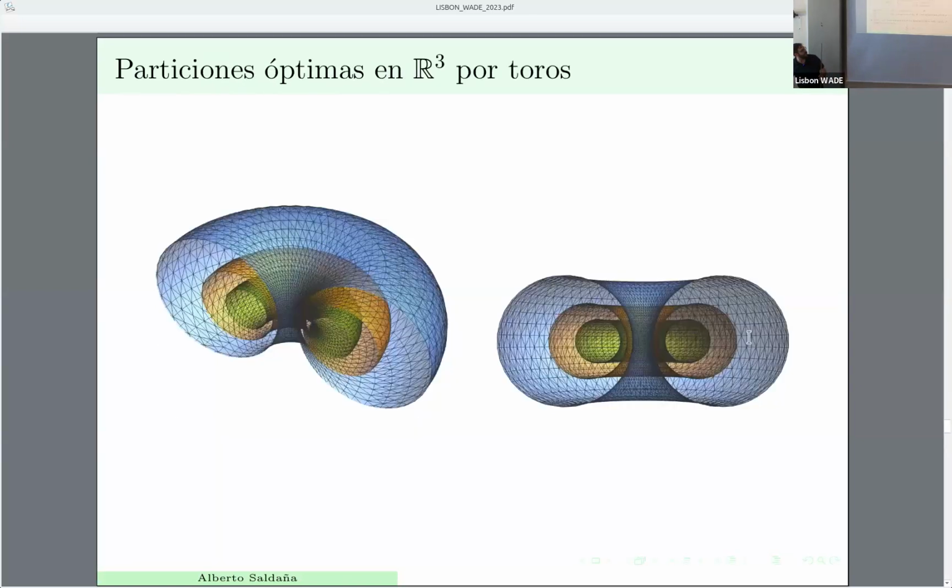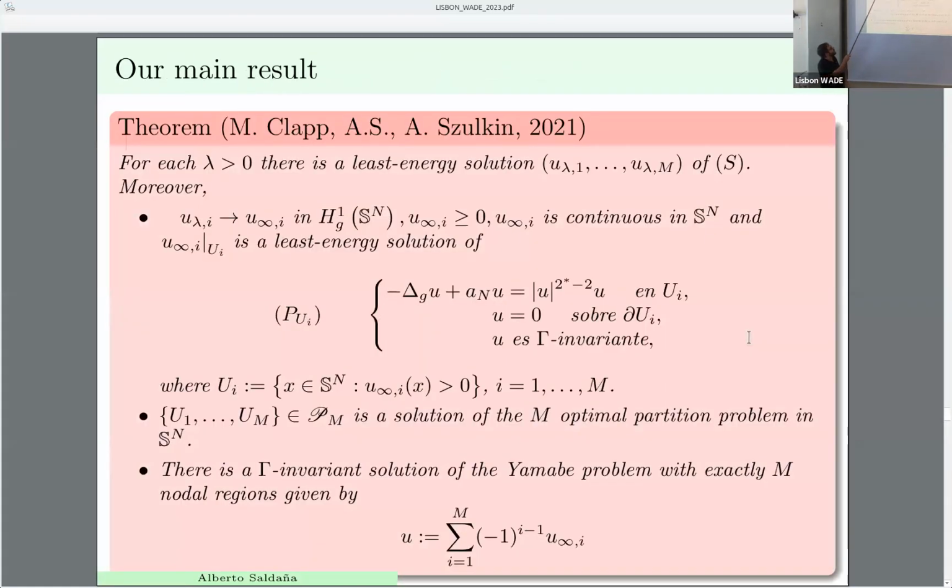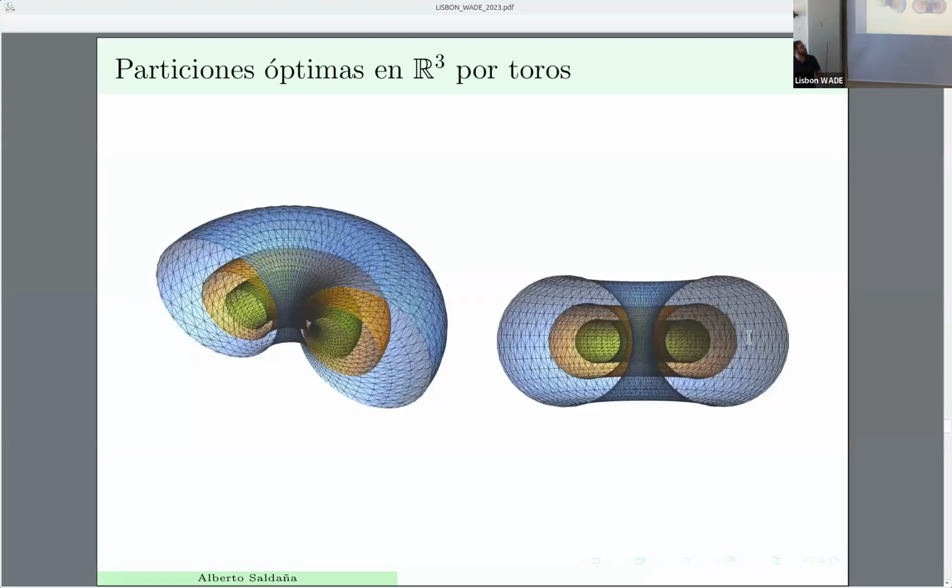The limiting profiles are a solution of an elliptic problem, and then you enjoy all the properties there. Okay, so optimal partitions of Rn look like something split by tori.